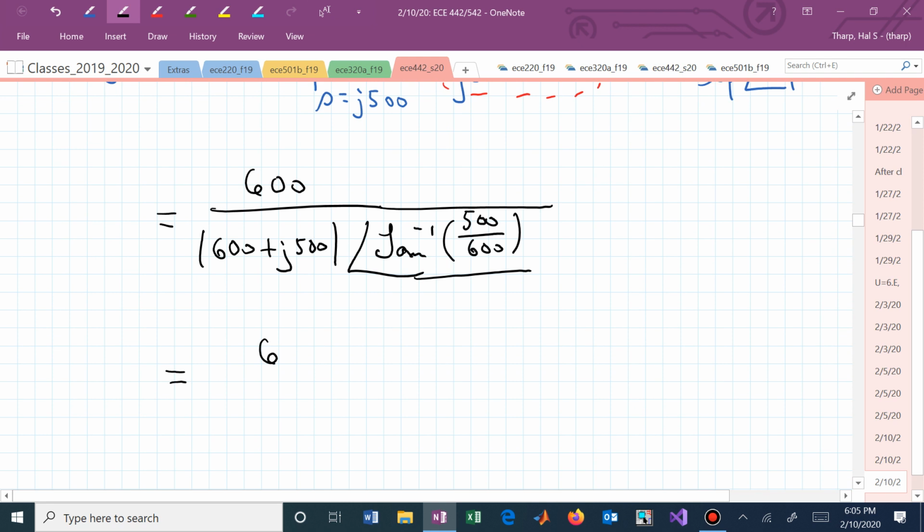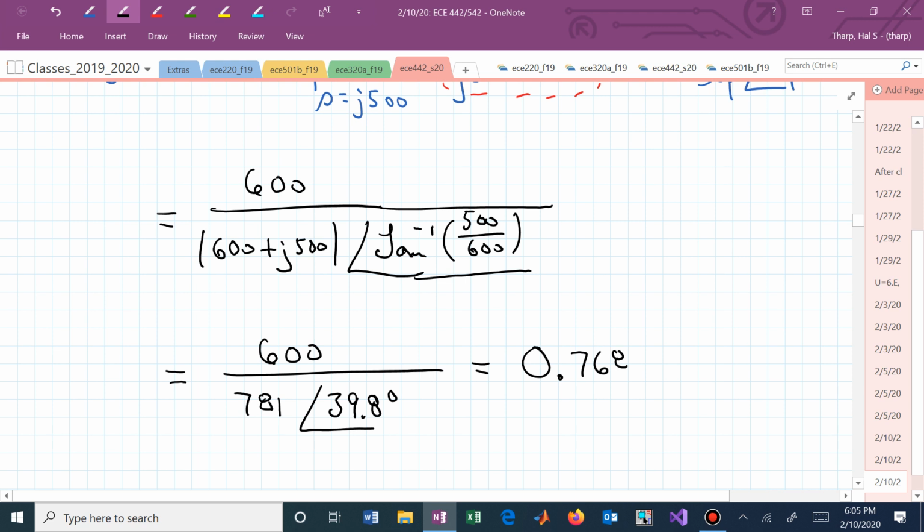If you compute those numbers, this distance or magnitude is 781, and the angle is almost 40 degrees, 39.8. So now if we divide 600 by 781, we end up with 0.768, and that angle, when it comes upstairs, we have an angle of 0 upstairs. We subtract the angles in the denominator, and we have minus 39.8 degrees.